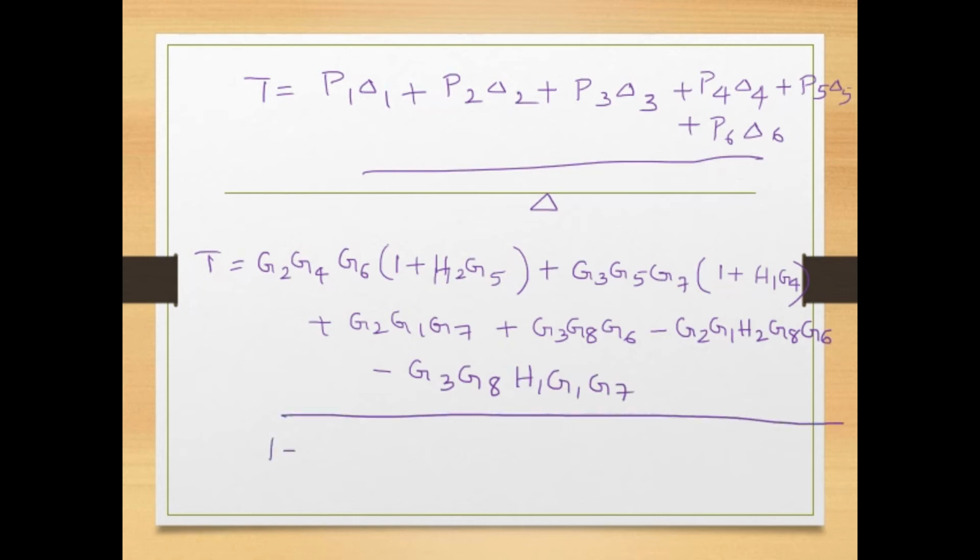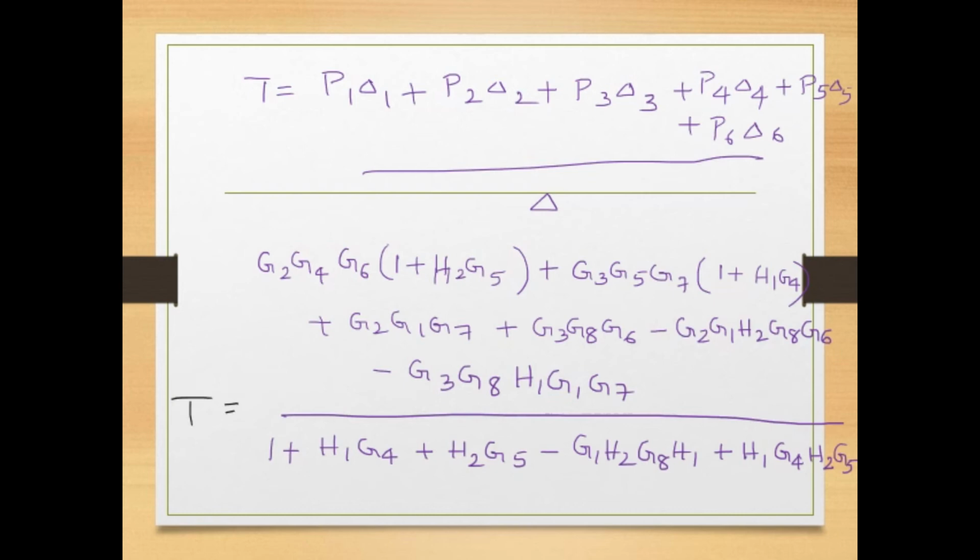Delta is equal to 1 minus L1, that is H1 G4, plus H2 G5, minus G1 H2 G8 H1, plus non-touching loops taken two at a time, that is H1 G4 H2 G5.